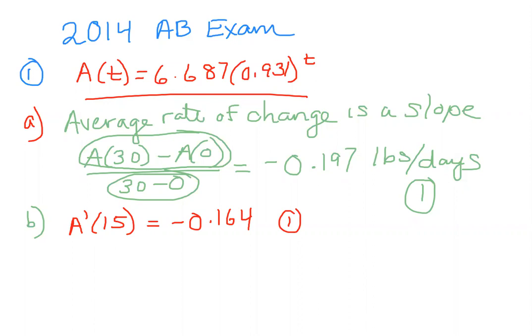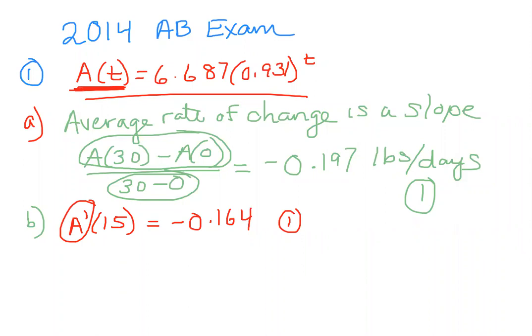All right, using correct units, interpret the meaning of the value in the context of the problem. So what I said at the beginning, since A is an amount, A prime is a rate.